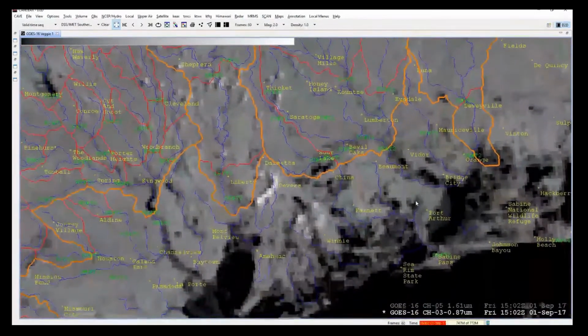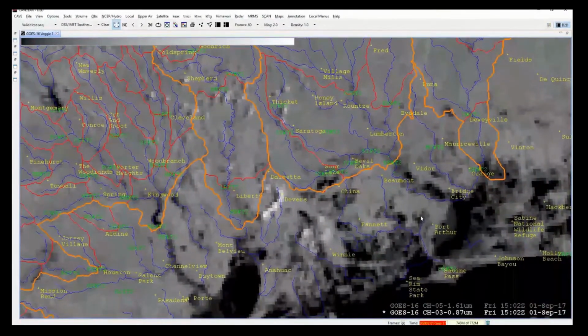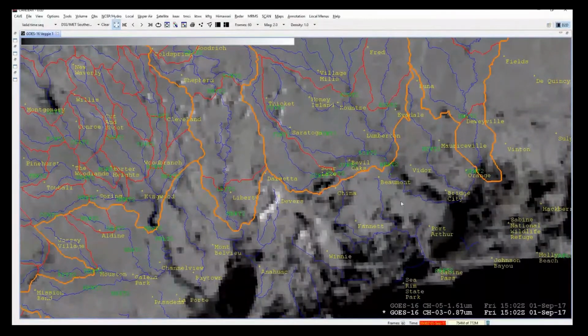Snow ice and the land surface is dark. It is somewhat brighter than the visible band, but it's still pretty dark.